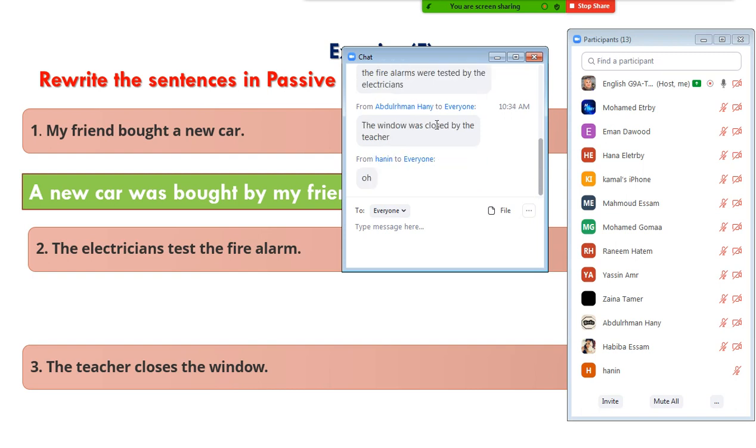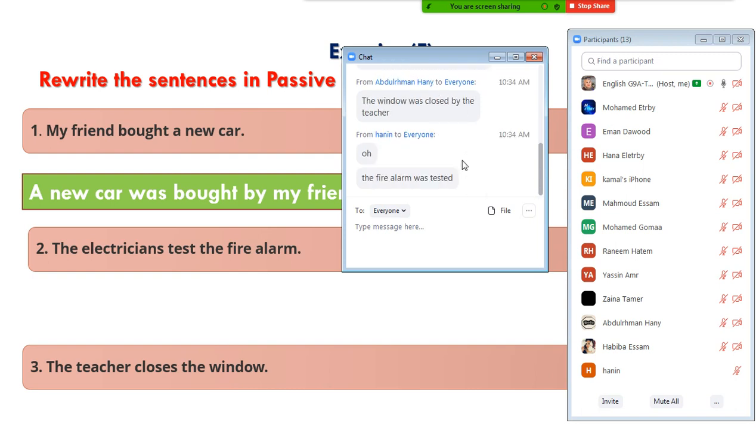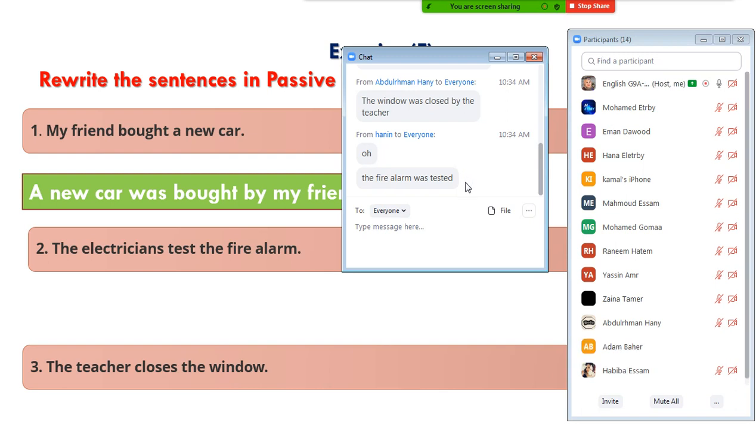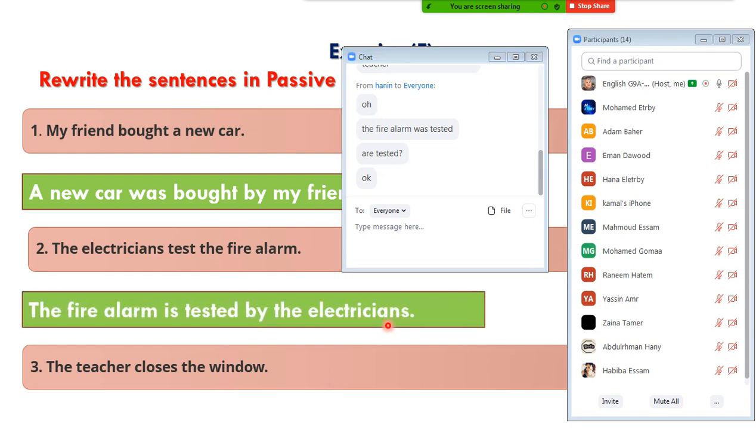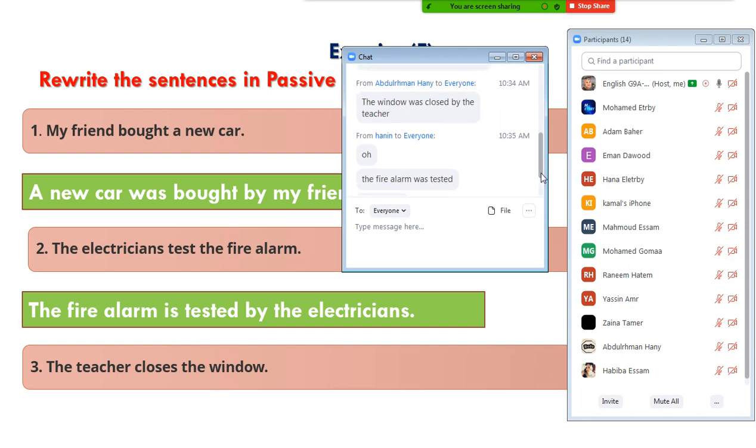The fire alarm, it's supposed to be not was, but in the present, verb to be in the present, is. Why did you write it here plural? It's singular here. Okay, the fire alarm is tested by the electricians. We have to keep the tense by making the verb to be in the same tense as the active one.